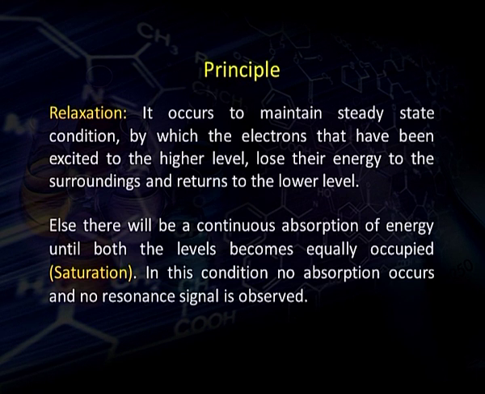Relaxation occurs to maintain the steady state condition, by which the electrons that are excited to the higher level lose their energy to the surroundings and return to the lower level. So there is a higher population in the lower level, absorption and emission keep on taking place, and a signal is observed because resonance is taking place.